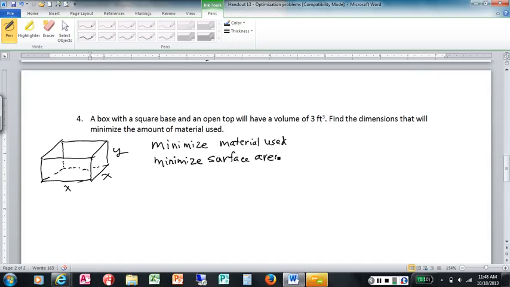So I'll minimize all the area of my surfaces. So let's just call that S. All right, what surface areas do I have?